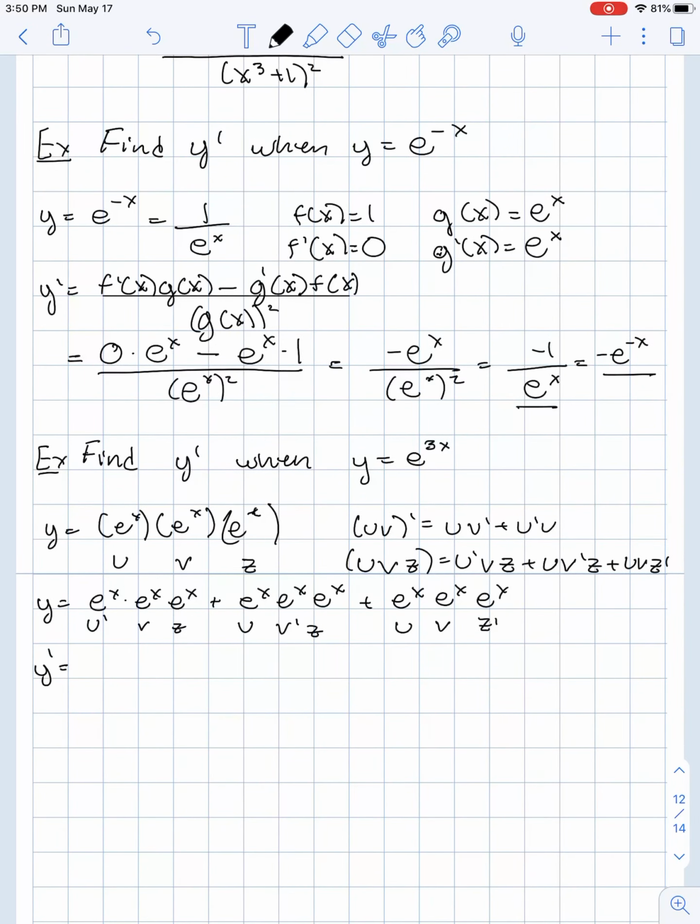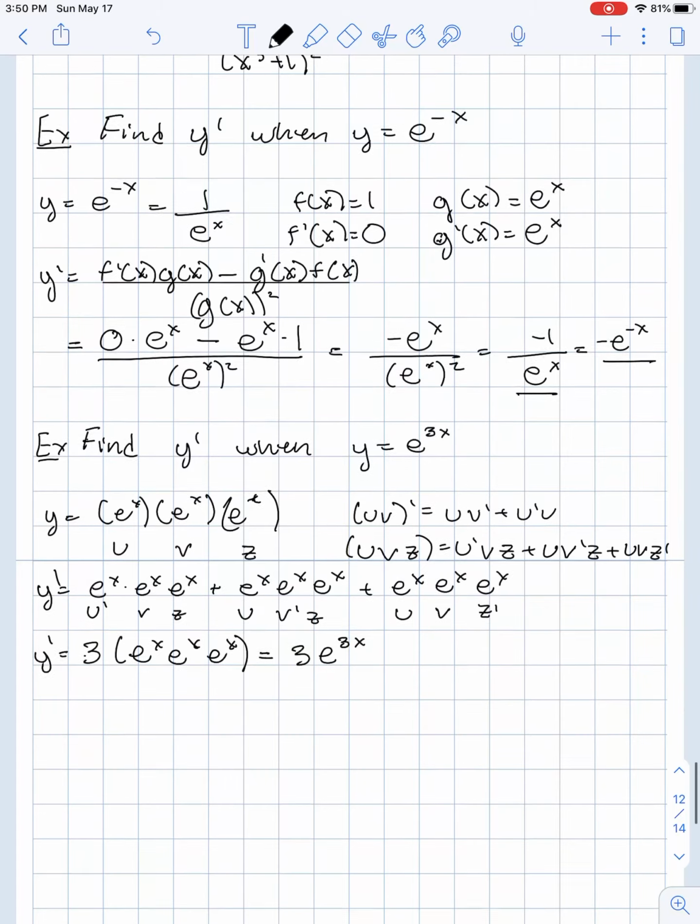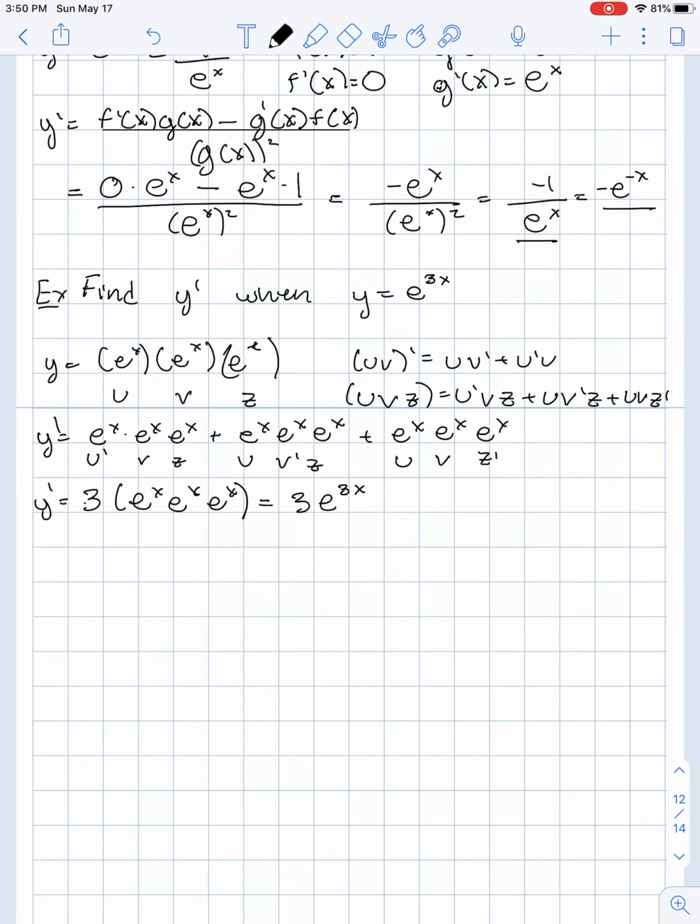Alrighty, and we can simplify that to be 3 times e to the x, e to the x, e to the x, which is just 3e to the 3x. Ta-da! Okay.